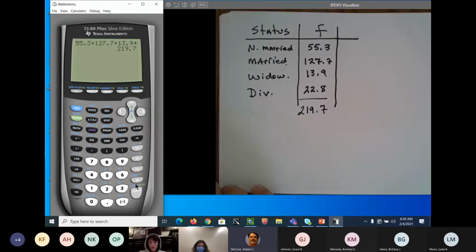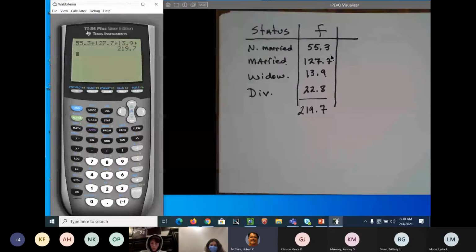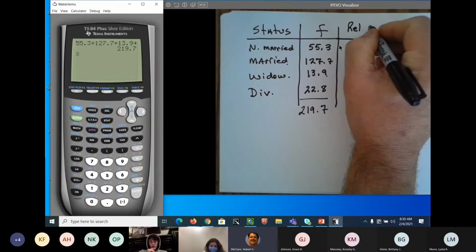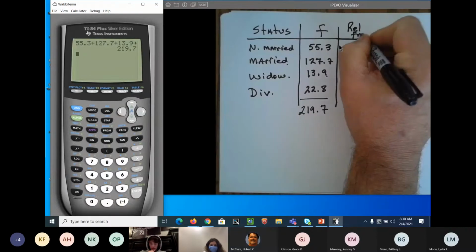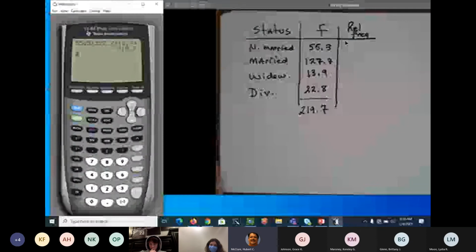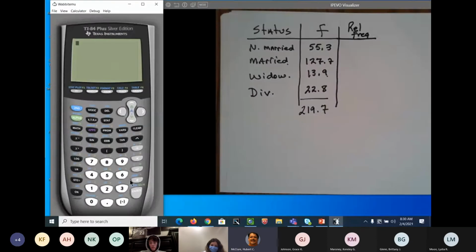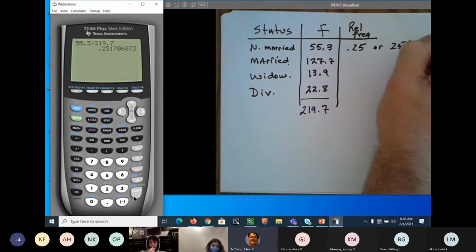That's correct. Okay. Now, each one of these numbers is going to be divided by 219.7. So your relative frequency is going to be 55.3 divided by 219.7, which is 0.25, or 25%.